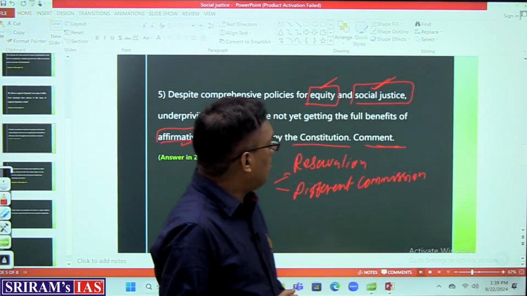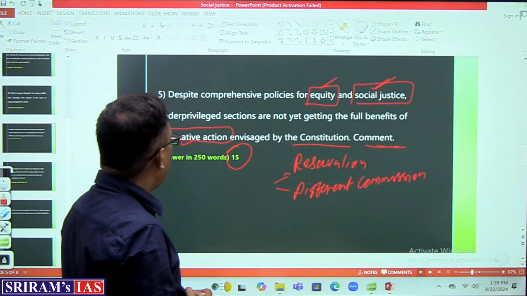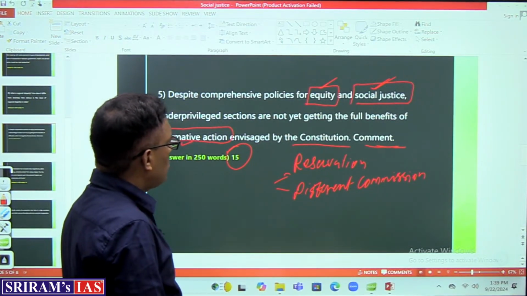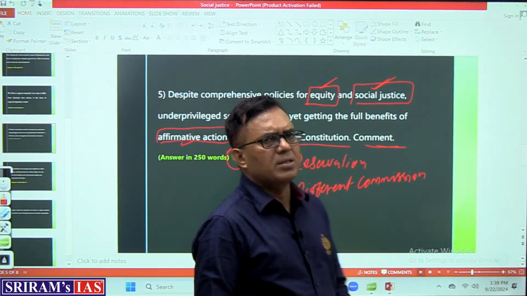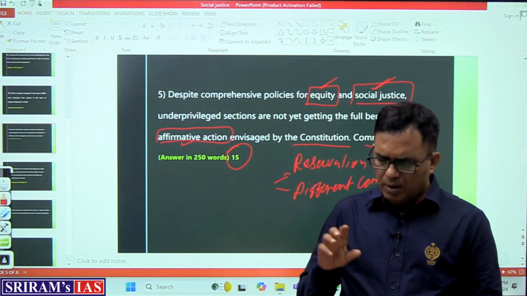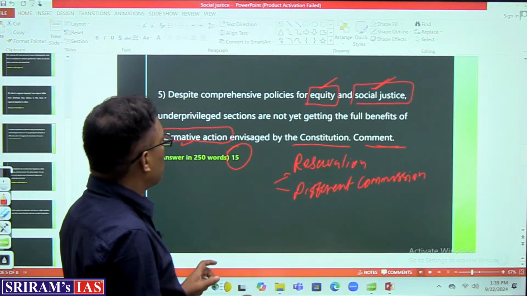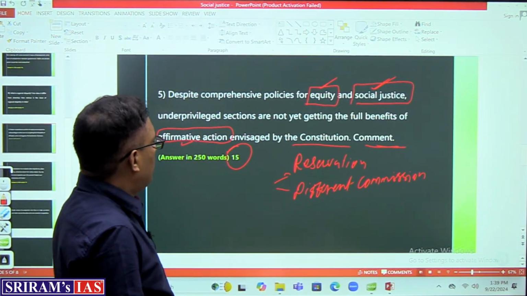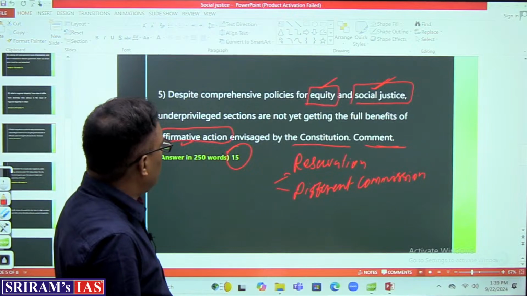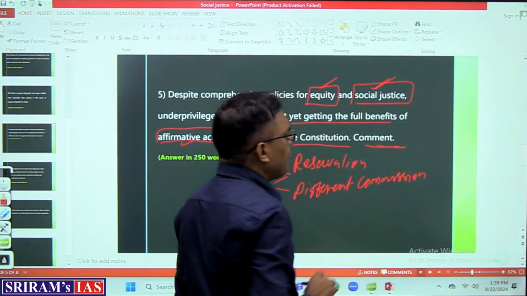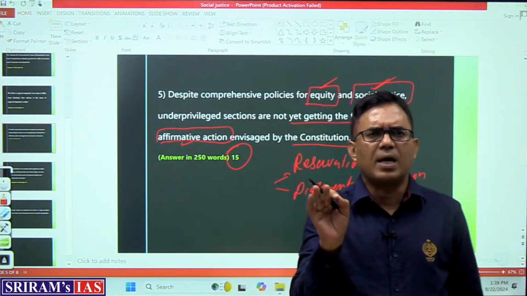But despite all such affirmative action, the things have not happened to that level. So some positive actions are required. The challenge is that despite affirmative actions, why has that section of society not got, or why are they yet not getting, the full benefits? A number of reasons are there, and this will come in the body structure.